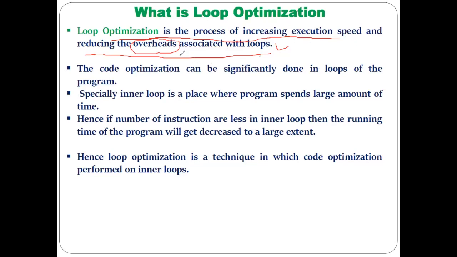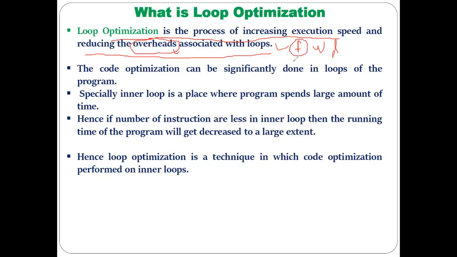So overhead is nothing but what? In a program you utilize loops like the for loop, while loop, and do while loop. Now, sometimes in that loop, unnecessary iterations happen. Unnecessary iterations are there in the loop that the programmer utilizes.